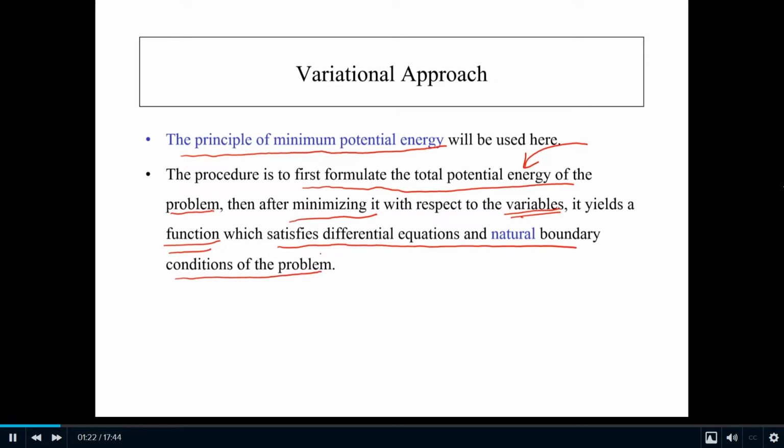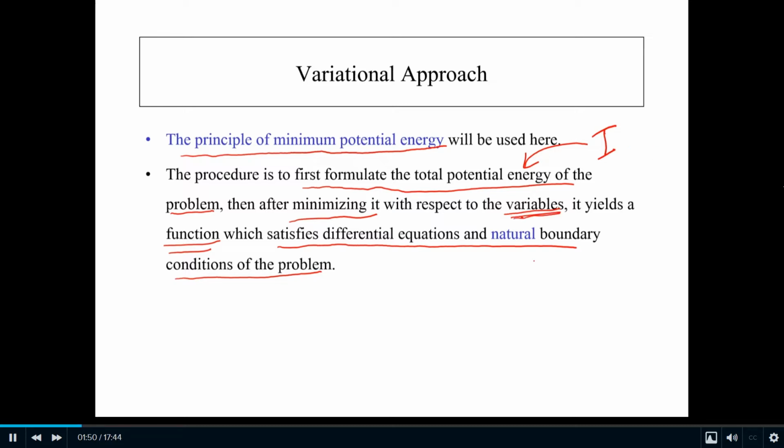So what we need to do here, let's say about the variational approach, not going to the FEM just yet. For the variational approach, you need to formulate this total potential energy. After you got this total potential energy, let's say we have I here. After you have I, you minimize I with respect to the variables.